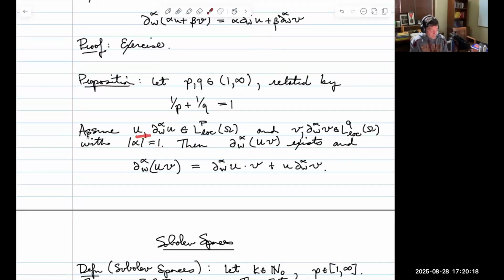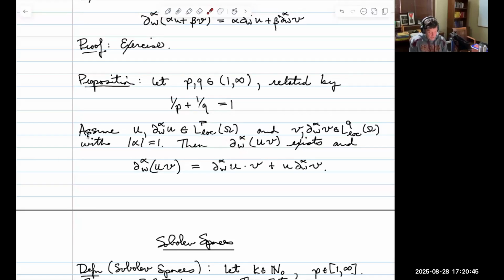So if u and its partial derivative are LP functions and v and its partial derivative of order alpha is an LQ-loc function with alpha of order 1, so I'm only interested in the first order derivative in this case, then the product of those two functions, v and u, is weakly differentiable of order 1, and I have a formula for it.